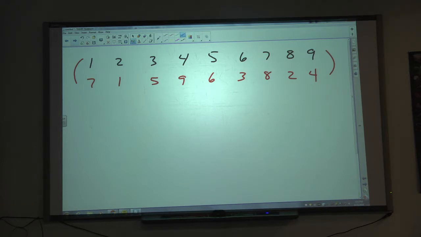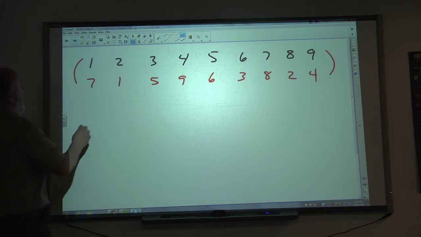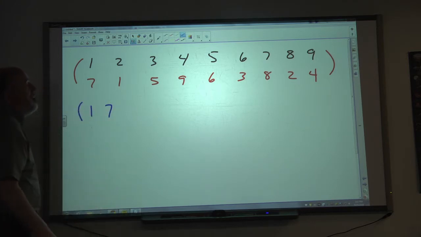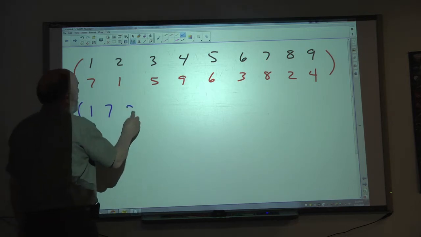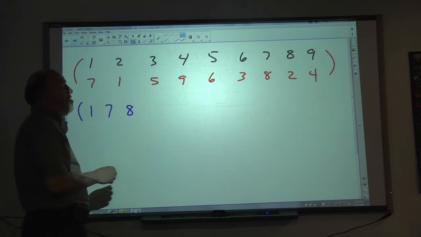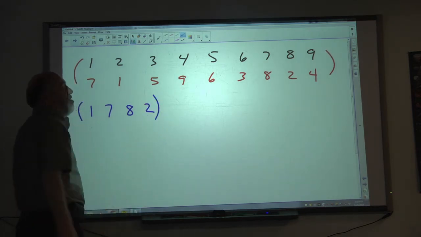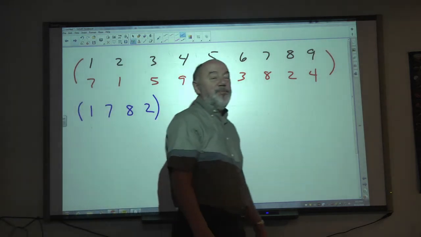All right. So if I start here at the beginning with 1, we got 1 goes to 7, and then 7 goes to 8, 8 goes to 2, and 2 goes to 1. So that closes off our first loop.